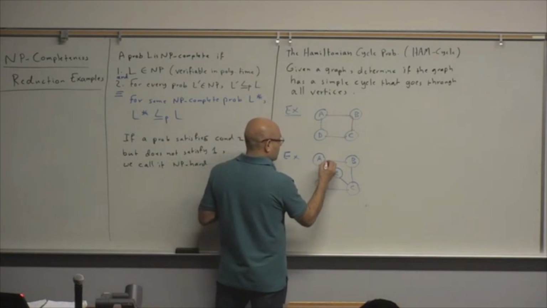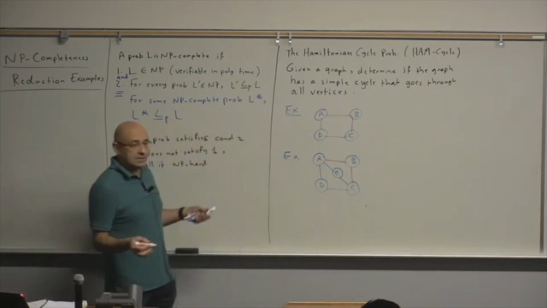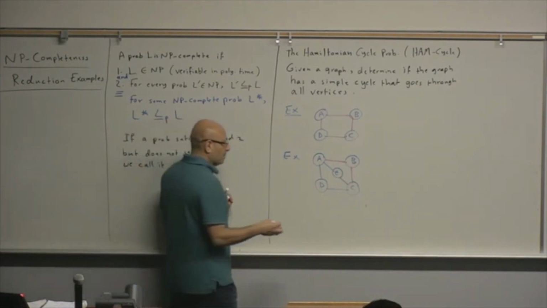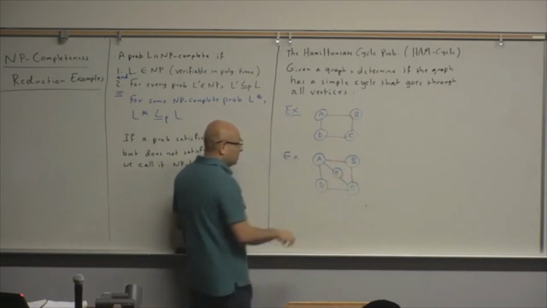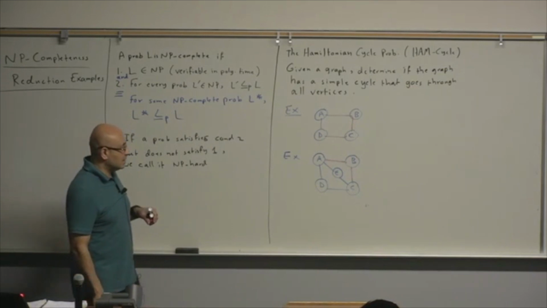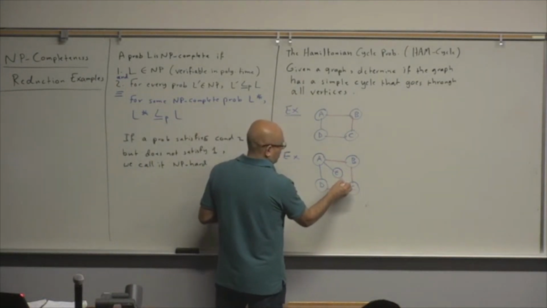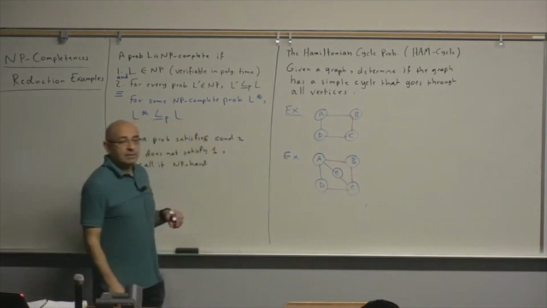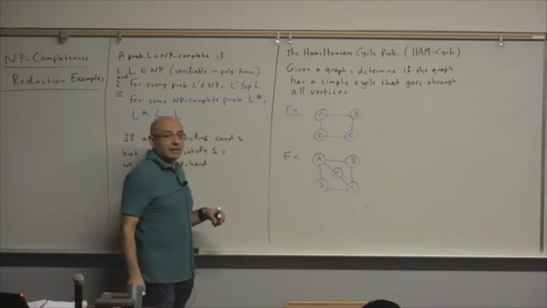So if you try this, you start from A, then you go to B, then you go to C. Okay, so far we have visited A, B, C. Now we have a problem. Now we need to visit both E and D. And we cannot visit a vertex more than once. So if we go to E, we either go back, which is not allowed.